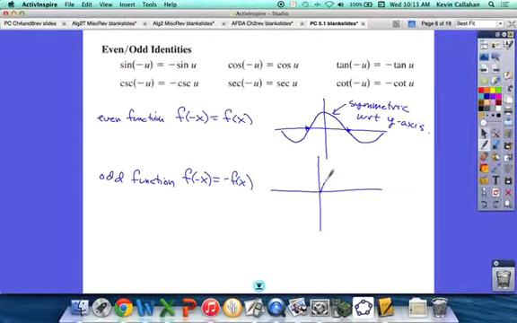Right, the sine goes... that's not a very good graph, but if I go pi over 2 to the right, the sine is 1. If I go pi over 2 to the left, the sine is negative 1. That's what this is saying. f of negative x is the opposite of f of x.